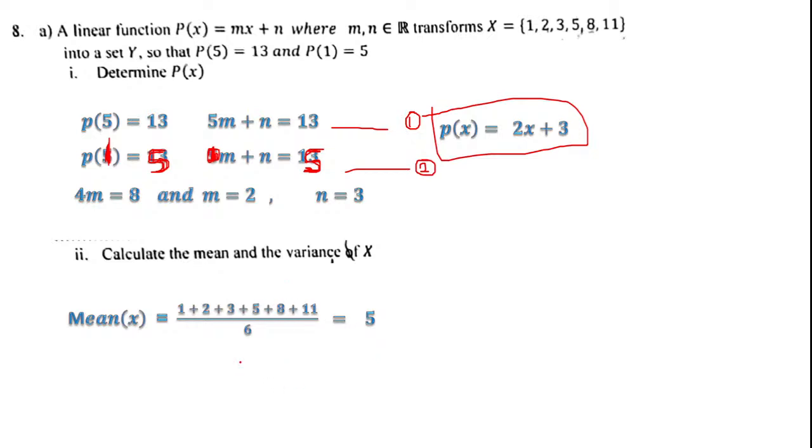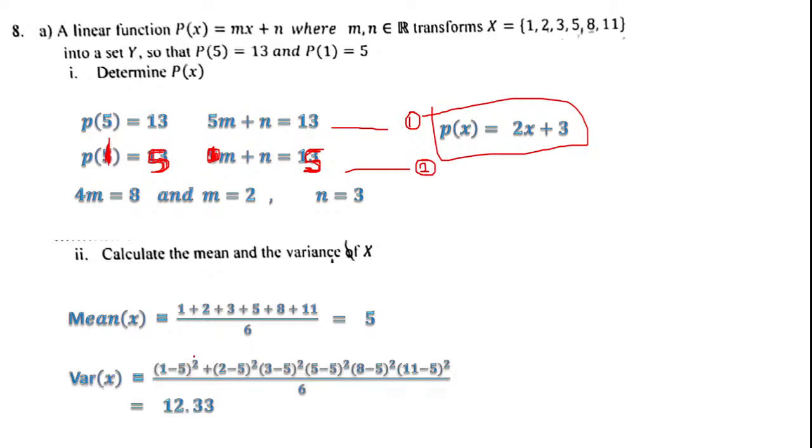And now the variance is the summation of the squares of deviations divided by the number of terms. So the variance will be equal to, the first term is 1 minus the mean, so (1 minus 5) squared, plus (2 minus 5) squared, plus (3 minus 5) squared, plus (5 minus 5) squared, plus (8 minus 5) squared, plus (11 minus 5) squared.